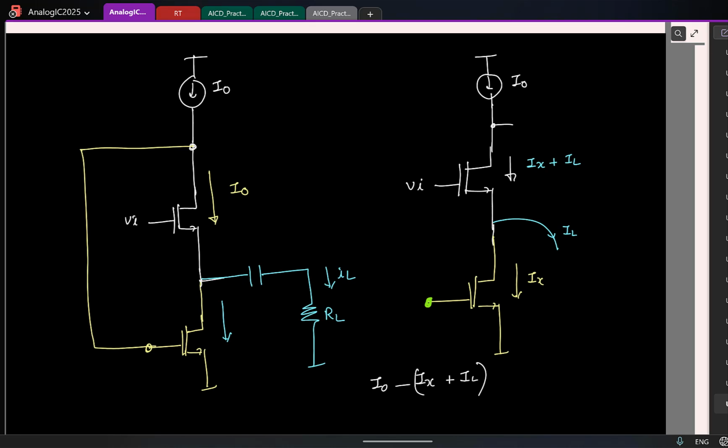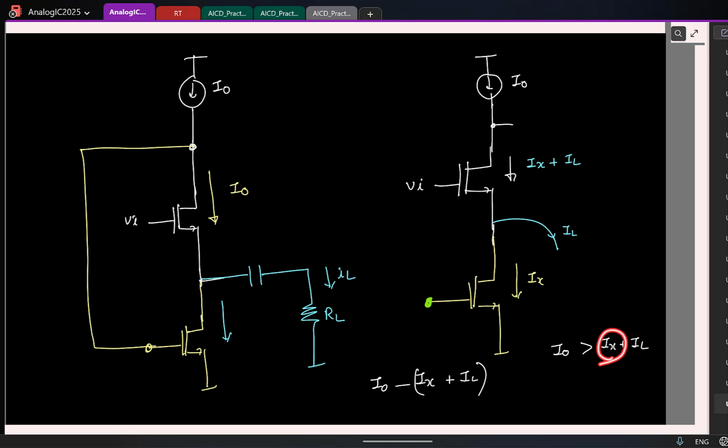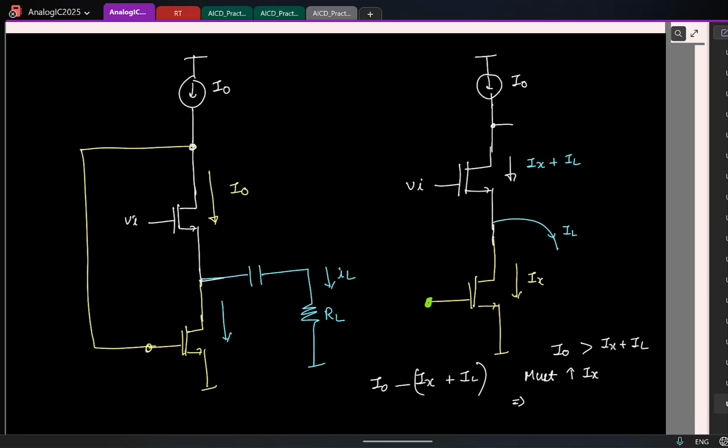So let us say I0 is greater than Ix plus IL. So which means, what should you be doing, increasing Ix or reducing Ix? I should be increasing Ix. So I would say I must increase Ix. So then what can you say about this voltage if I call this VB?